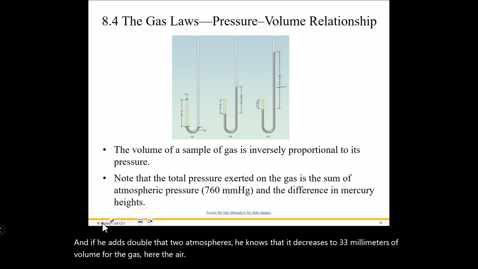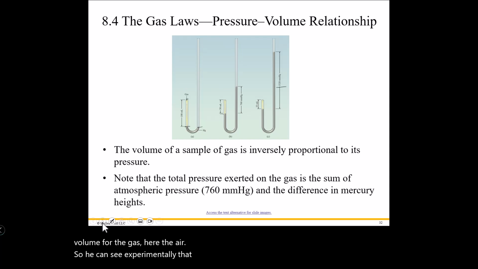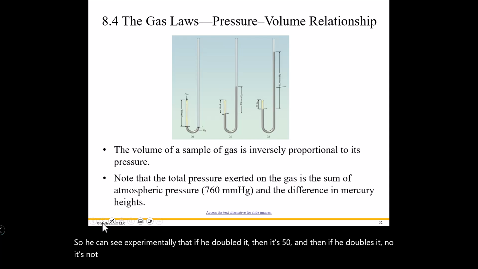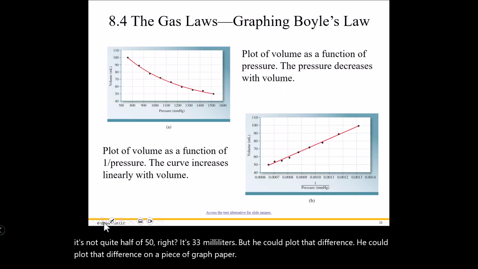So he can see experimentally that if he doubled it, then it's 50, and then if he doubles it again, it's not quite half of 50, right? It's 33 milliliters. But he could plot that difference on a piece of graph paper, and this is what he would get.